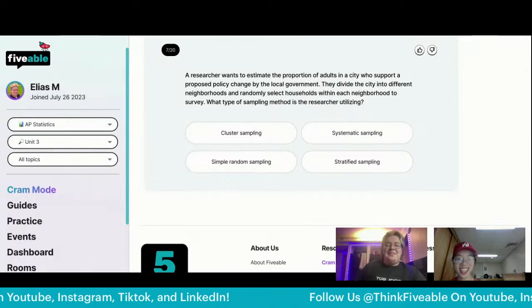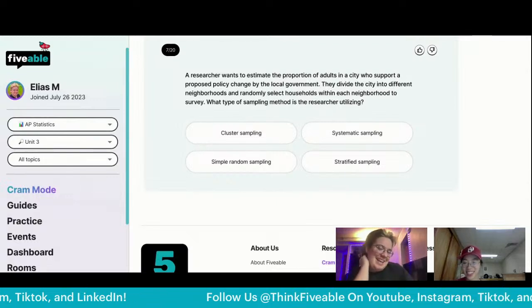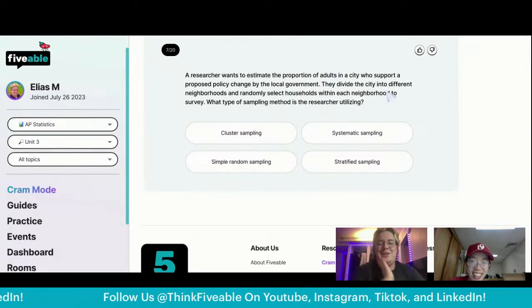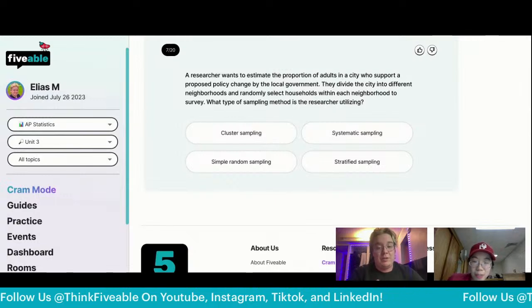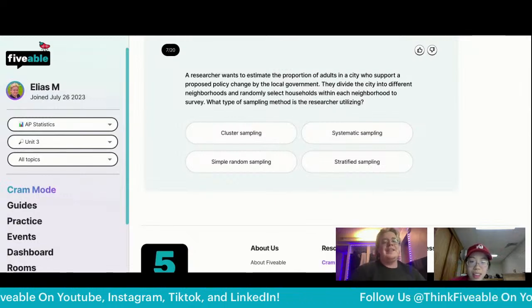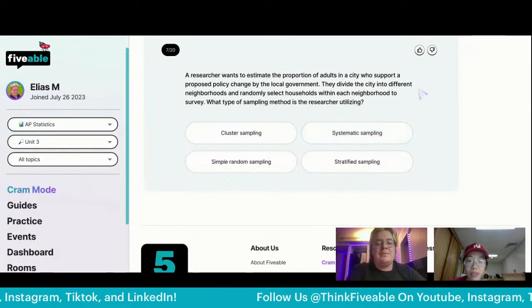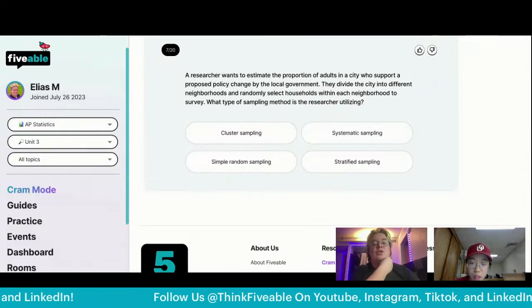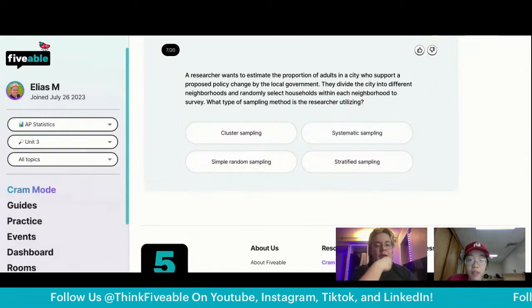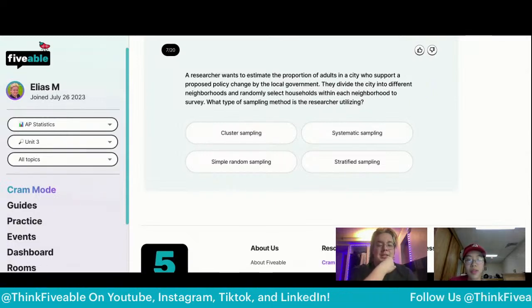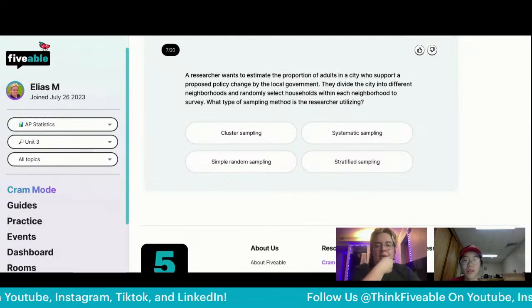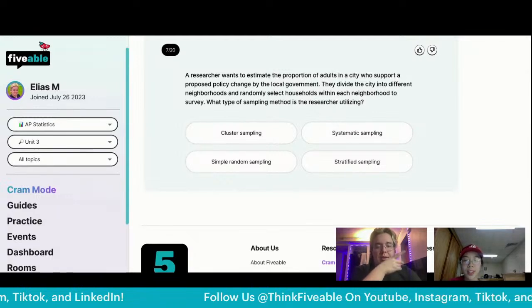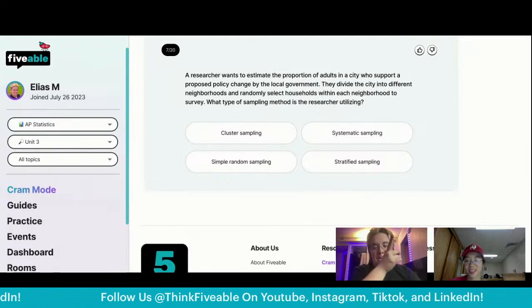Anyway, a researcher wants to estimate the proportion of adults in a city who support a proposed policy change by the local government. They divide the city into different neighborhoods and randomly select households within each neighborhood to survey. What type of sampling method is the researcher utilizing? Well, it's not simple.